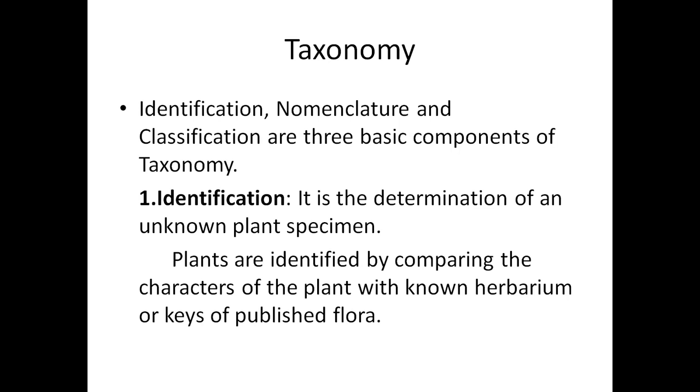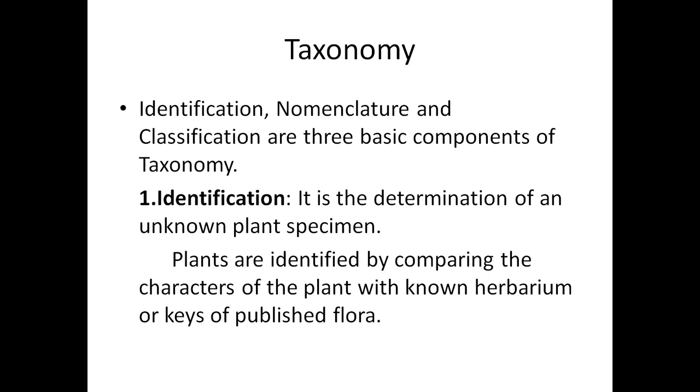First, what is identification? It is the determination of an unknown plant specimen. When we find a plant, we have to find the name of that plant. How do we come to know the plant name? We have to compare the morphological characters.